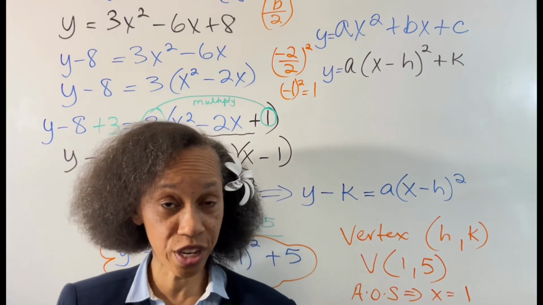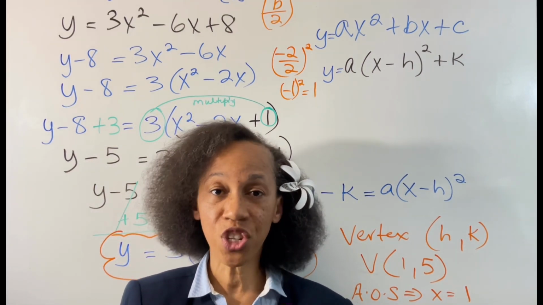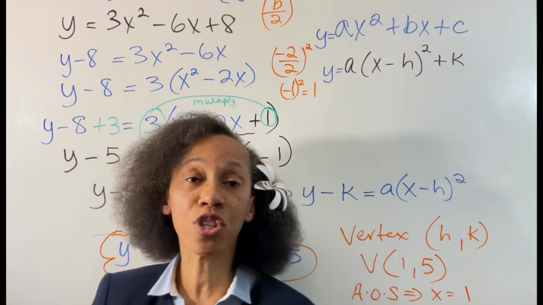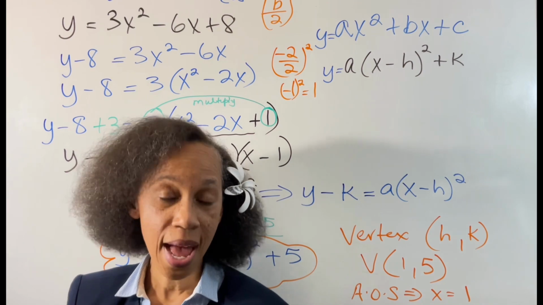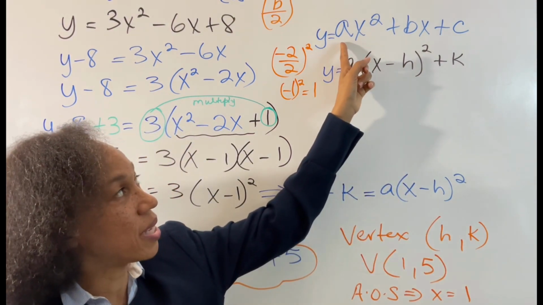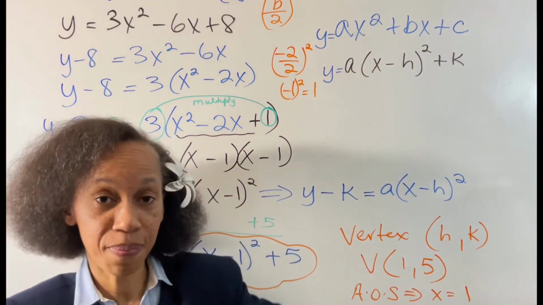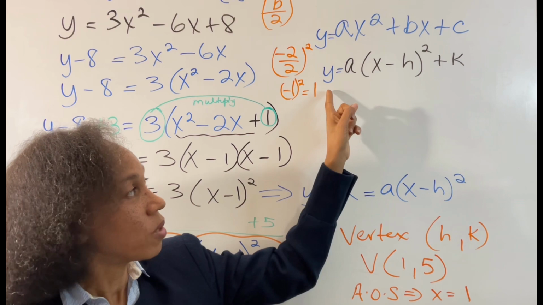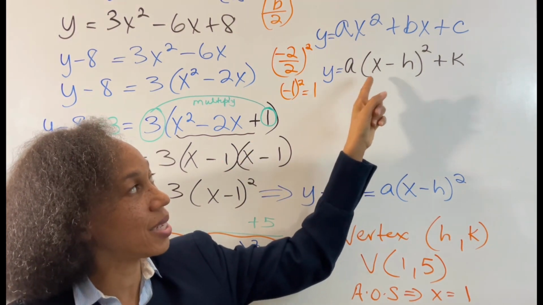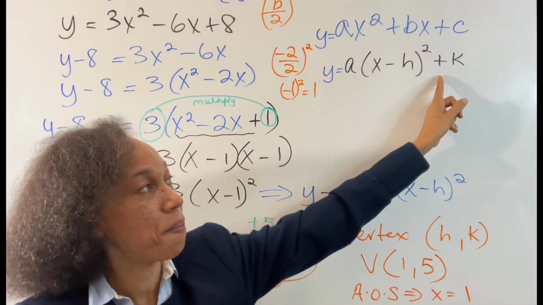So in conclusion, when you are given a quadratic equation in standard form, you can change it to the vertex form. In the standard form, it is given to you as y equal ax squared plus bx plus c. When it is changed into the vertex form, it is y equals a parentheses x minus h close parentheses to the second power plus k.